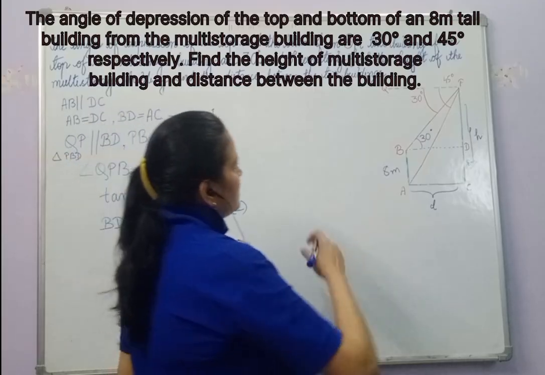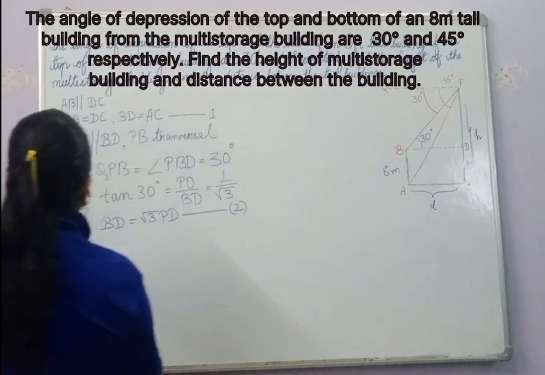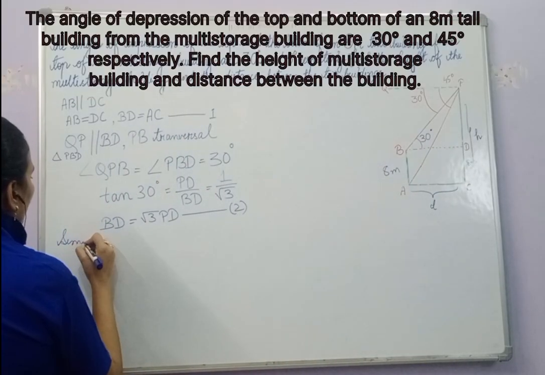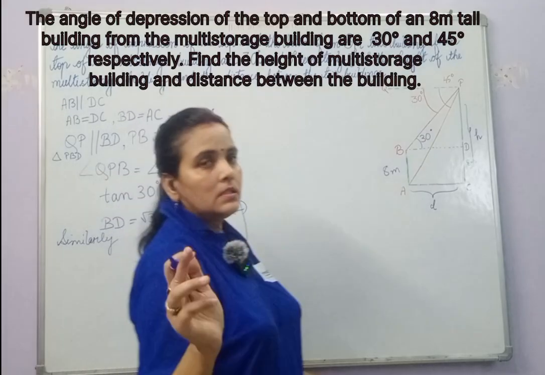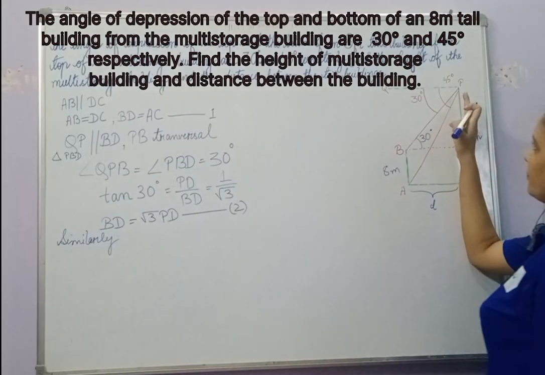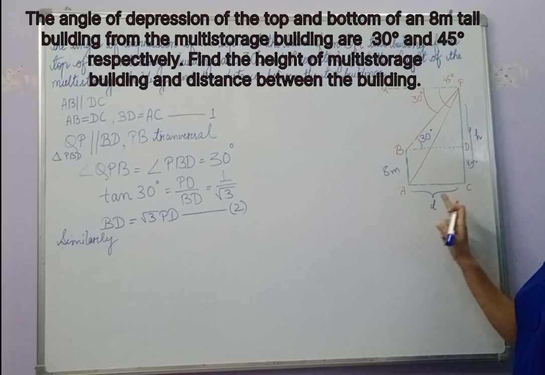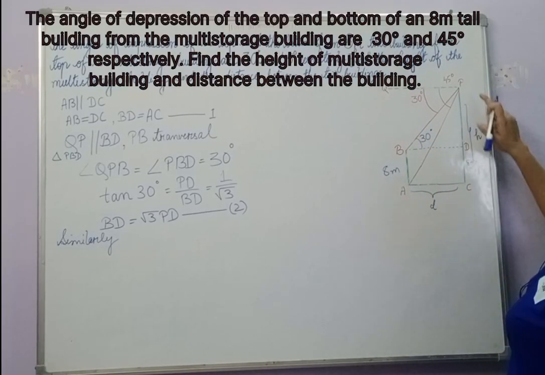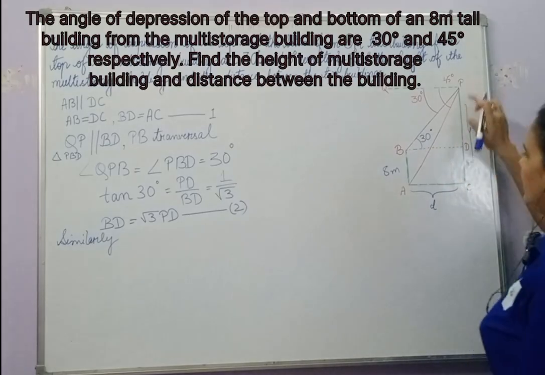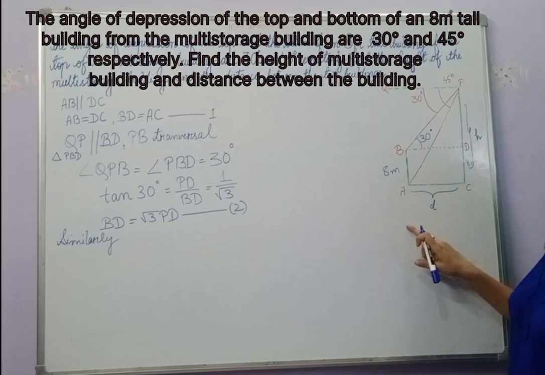Now we need to follow similarly. PQ is parallel to AC, and PA is acting as a transversal line.